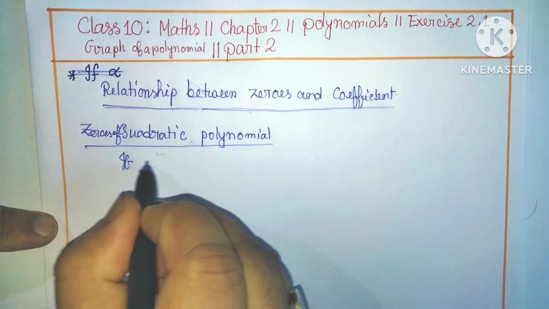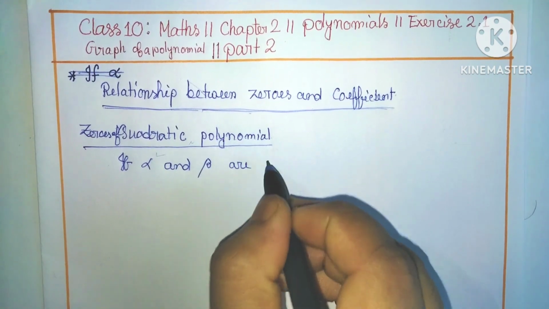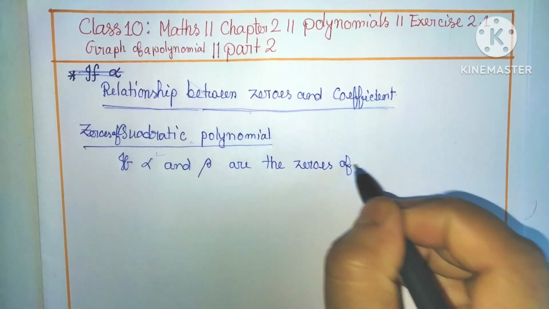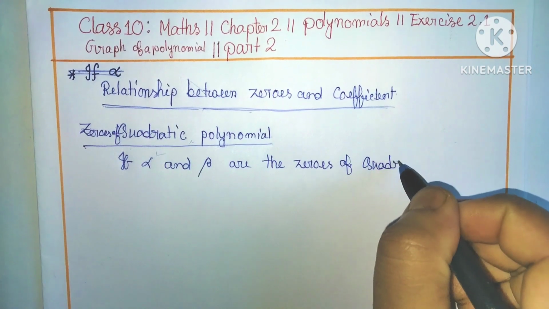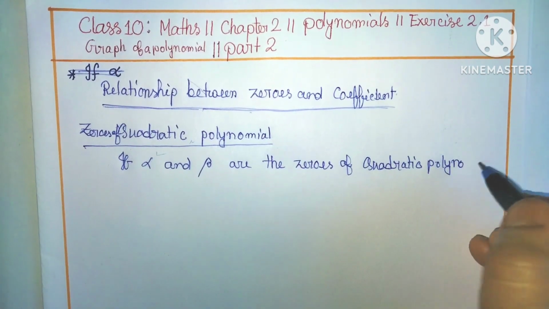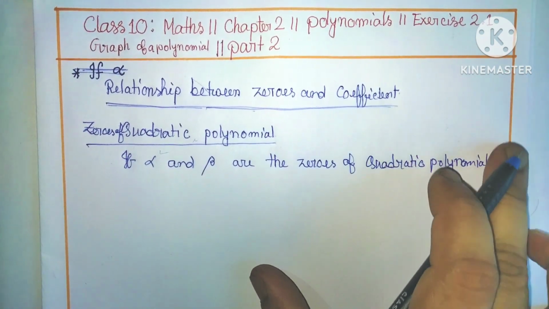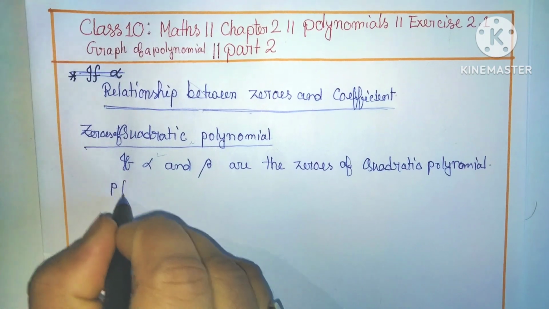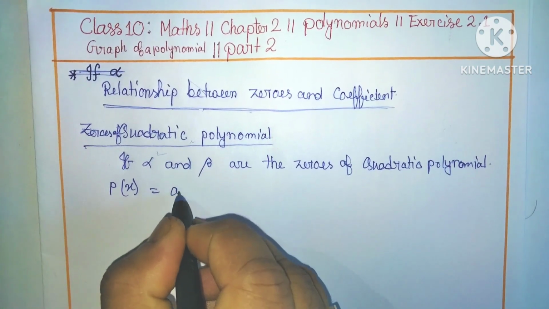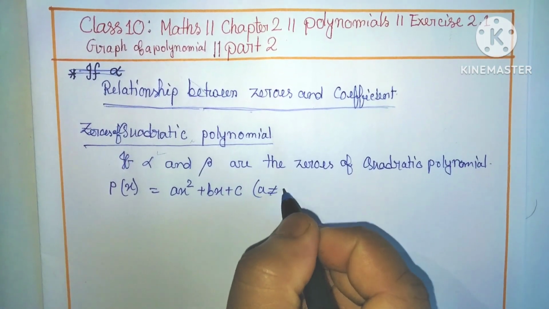If alpha and beta are the zeros of quadratic polynomial P of x, so the standard form of a quadratic polynomial is ax square plus bx plus c, where a not equal to 0.